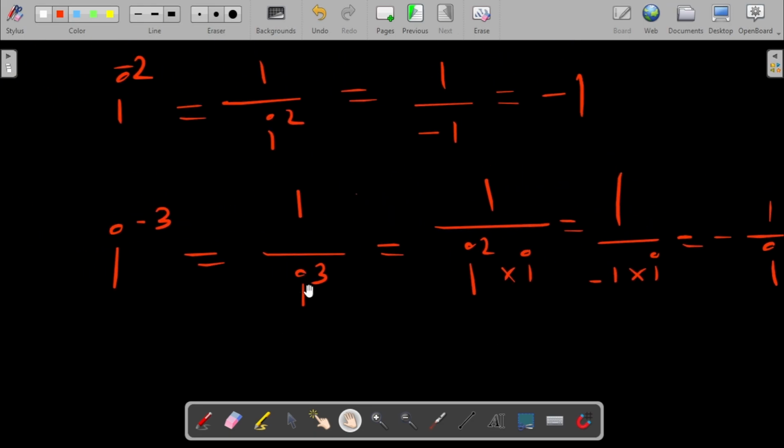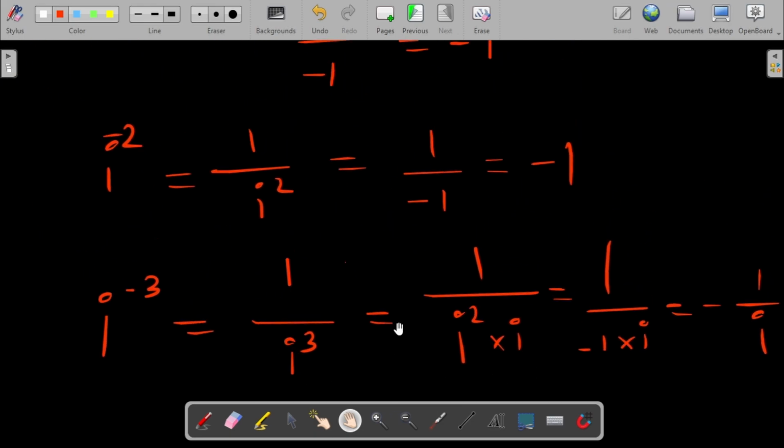So if I take any power, I will get plus 1 or minus 1, and i and minus i. Only these four will occur.